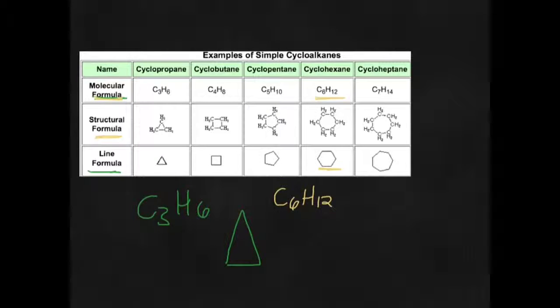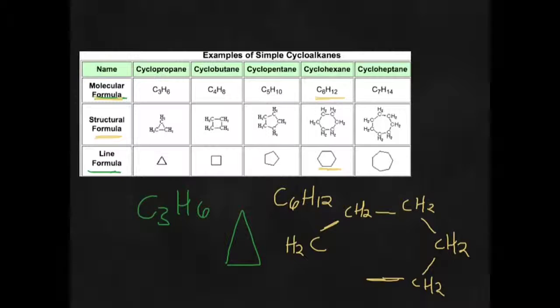So let's draw that. So there's going to be H2C, then goes up, CH2 goes up, CH2 comes down, CH2 comes down, CH2 goes across, CH2, and then goes back up.